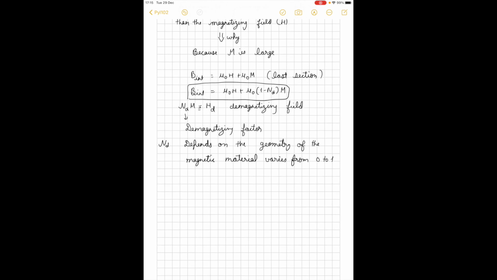Let's see in a bit more detail the classification of the magnetic materials.